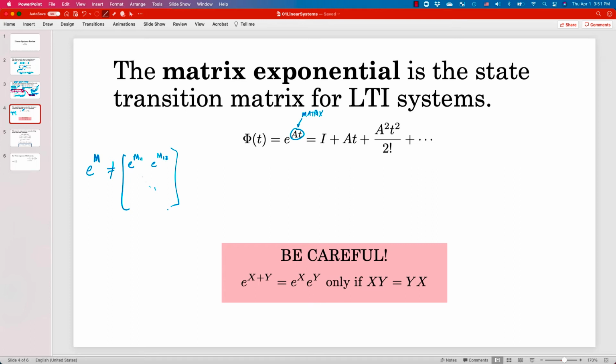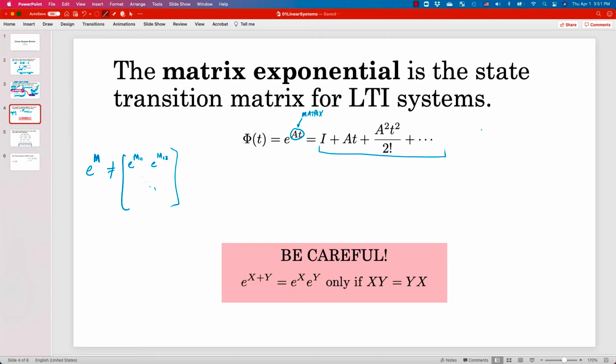That's an important distinction to make. So whenever you see an e to a matrix, at least in this class, perhaps there are other classes in which this is not true, you should think of this infinite Taylor series.